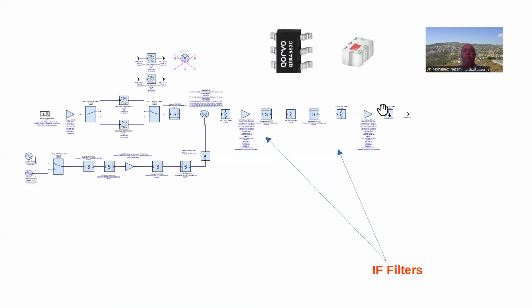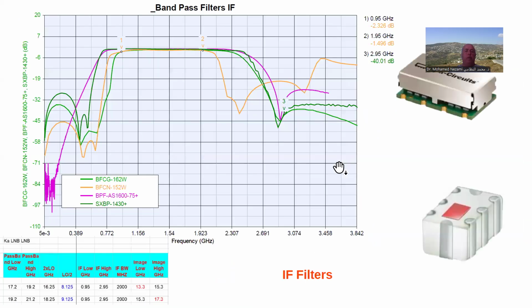Okay, the IF section in here is basically made of ceramic filters that I picked, commercially available, and they're cheap. They're $1 each. And then a MMIC amplifier from Qorvo. These are very available from Mouser and so on. Okay, and then of course now the IF filter.